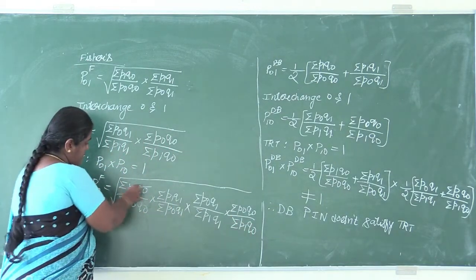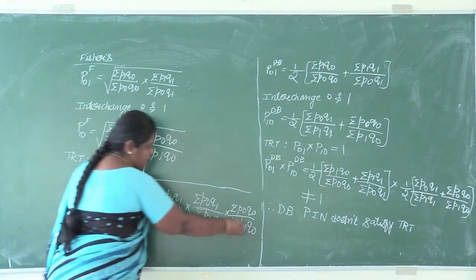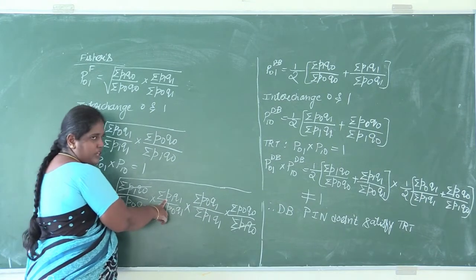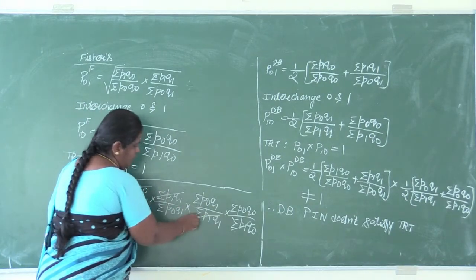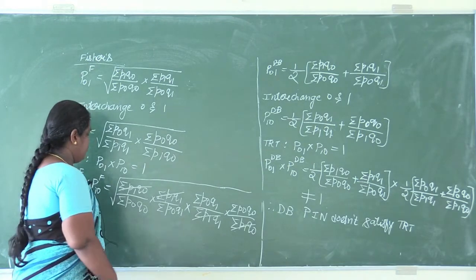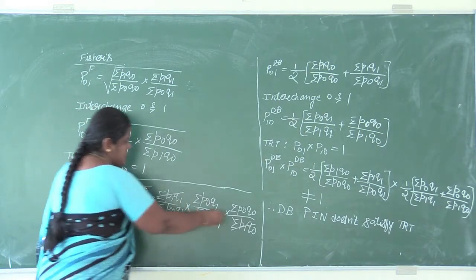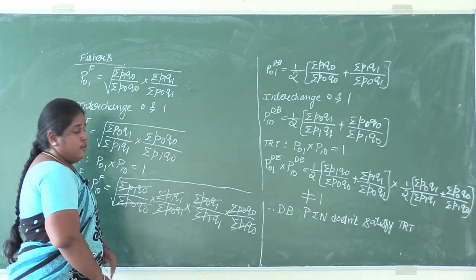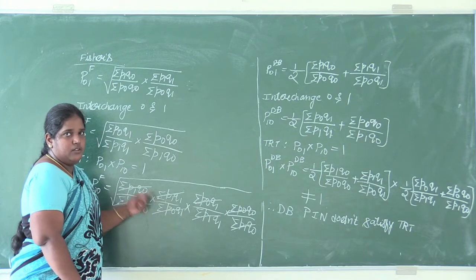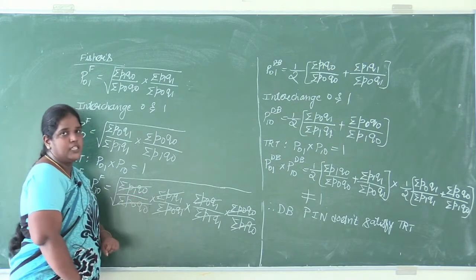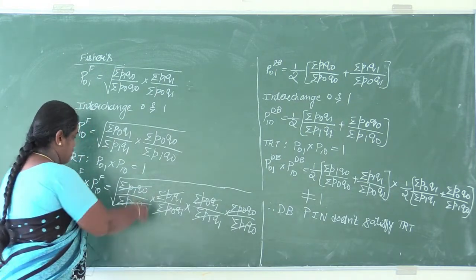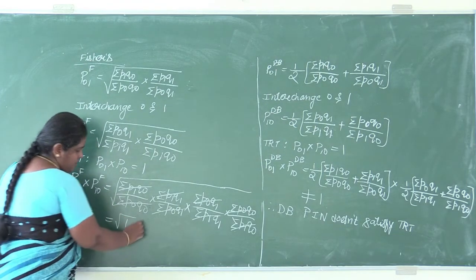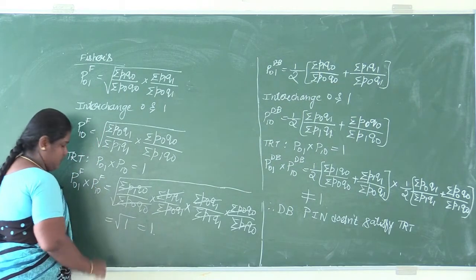So we have sigma P1 Q0 in the numerator, sigma P1 Q0 in the denominator, it will get cancelled. Sigma P1 Q1, again one in the numerator, one in the denominator. Then sigma P0 Q0, sigma P0 Q1 and sigma P0 Q1. You can cancel only when you have one total in the numerator and the other one in the denominator. So everything got cancelled, we will be remaining with square root of 1. Square root of 1 is 1.